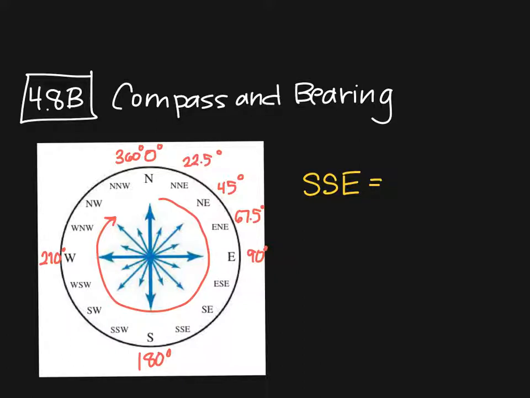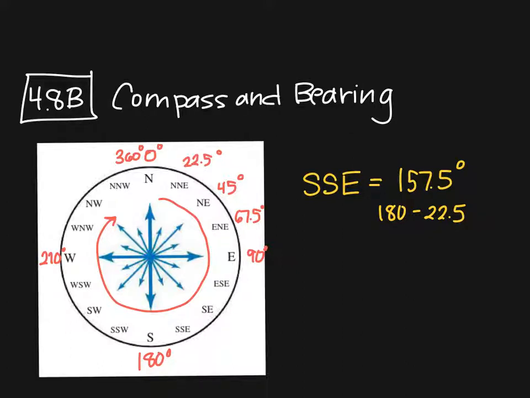How would you figure it out? What's the mental math on that? Where is south-southeast? Do you see it? Okay, it's less than 180, so it's smaller. How much smaller than 180? 22.5 degrees. So what does that give you? 157.5 degrees. And that comes from 180 minus 22.5.